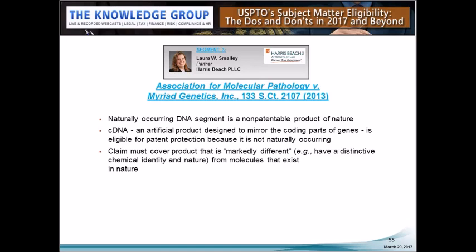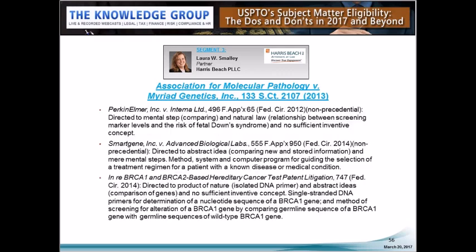On the other hand, the creation of a cDNA sequence from mRNA results in an exons-only molecule that is not naturally occurring. Therefore, cDNA was patentable subject matter. And in this case, the Supreme Court set forth the general rule that in order to patent a natural product, that product has to have markedly different characteristics than the product found in nature. In other words, it has to have a distinctive chemical identity from molecules that exist in nature. Next slide, Sal.